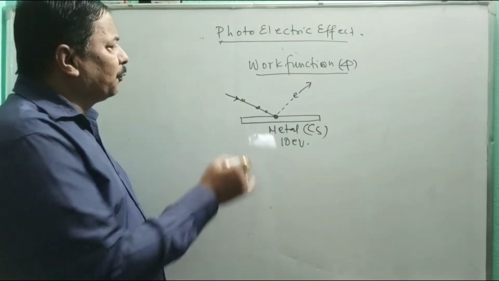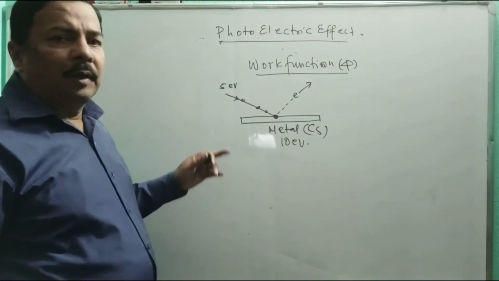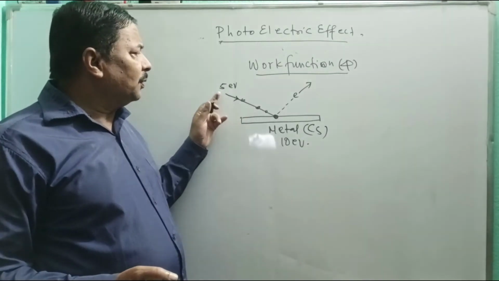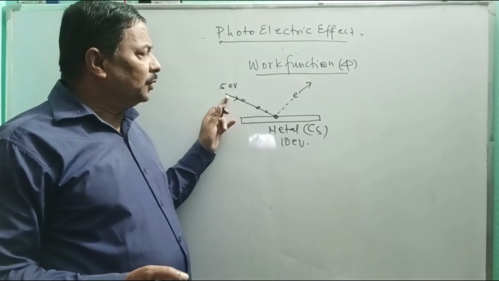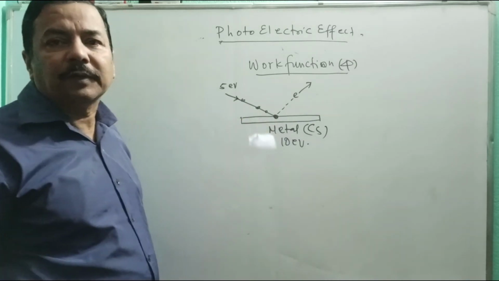If the energy of the photon here is 5 electron volt, you can understand very well that this energy of the photon is not sufficient to eject the electron from the metal surface.